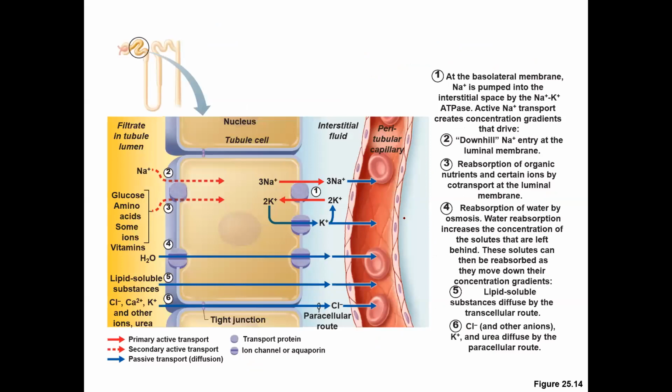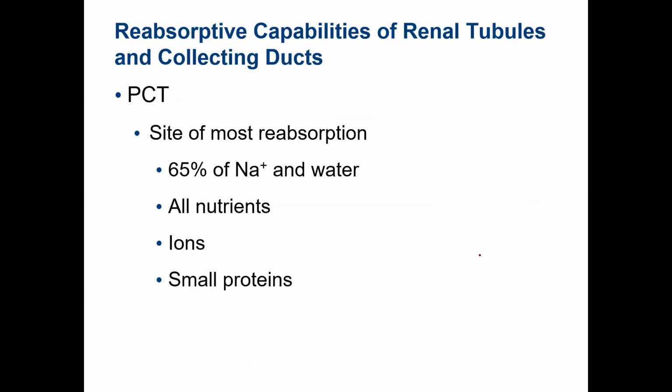So here's another little illustration showing you secondary, primary active transport of stuff in the renal tubule system, especially the proximal convoluted tubule. Proximal convoluted tubule, 65% of sodium and water is reabsorbed. All the organic nutrients, most ions, any small protein that made it through the filter.